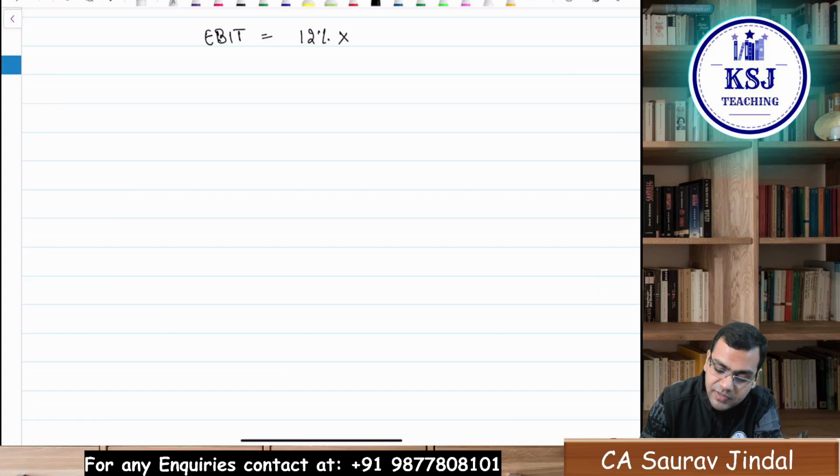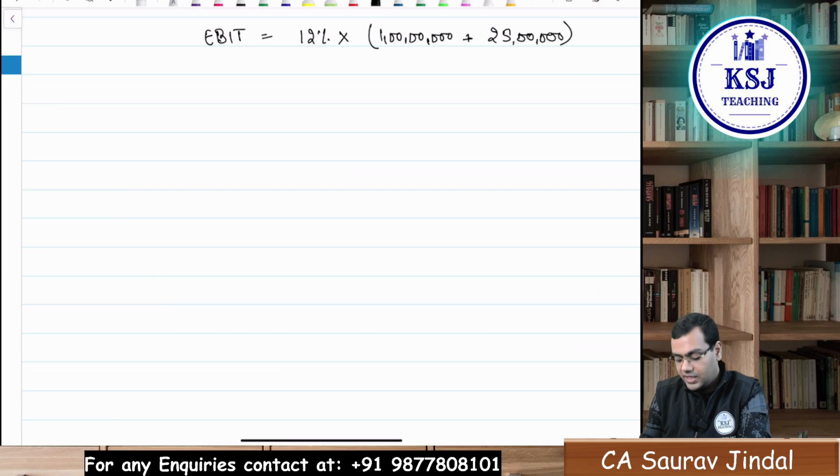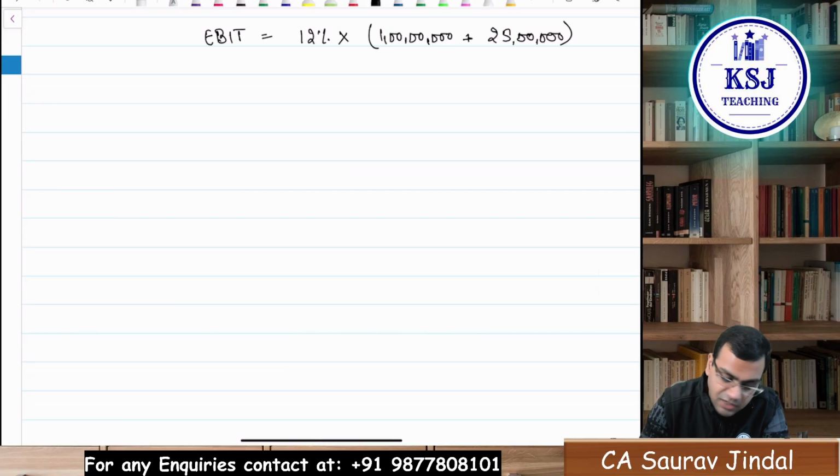Now how much will be the capital employed? 1 crore of existing capital plus 25 lakhs of new capital that is to be raised, because when we are evaluating the different plans, what we need? We need EBIT after expansion, right? So it will be 12% of this. This will come to 15 lakhs. So EBIT will be your 15 lakhs.